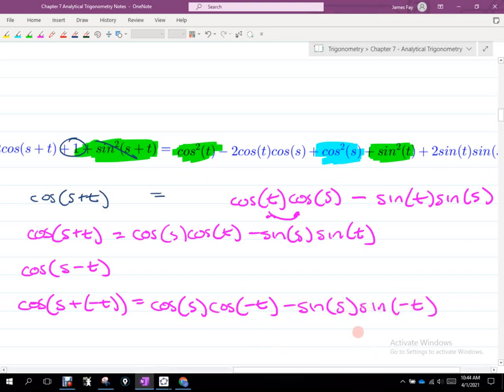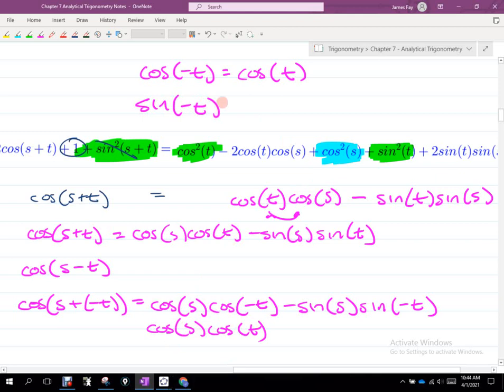Is that okay, everybody? What's the cosine of a negative t? It's cosine of t. So this thing just turns into cosine s cosine t. And now what is the sine of negative t? Negative sine of t. So this thing here brings in a negative, and I can bring it out in front here with this negative, so it turns into a plus.